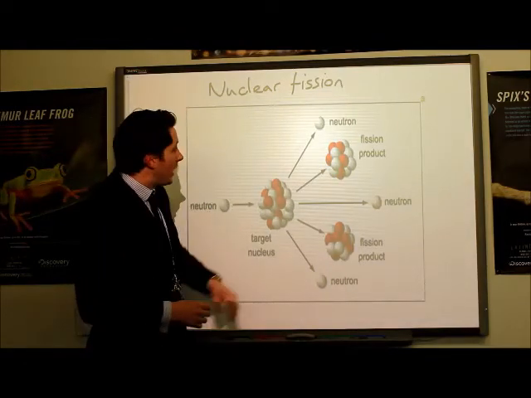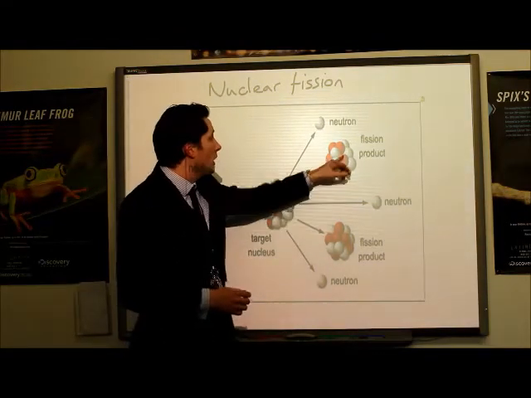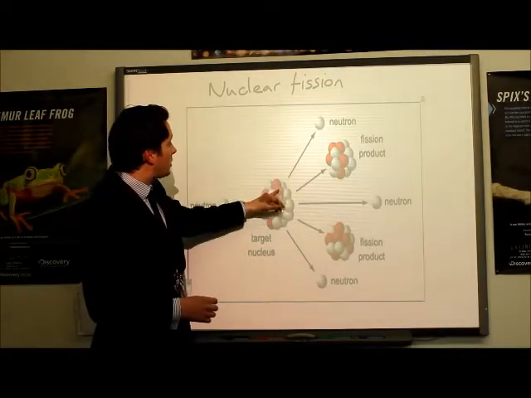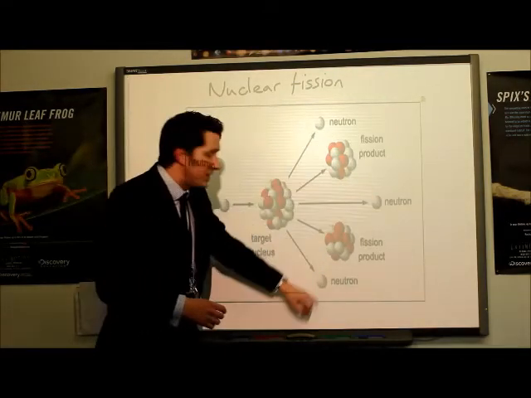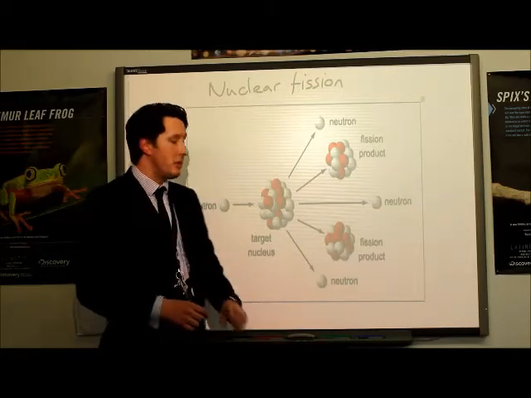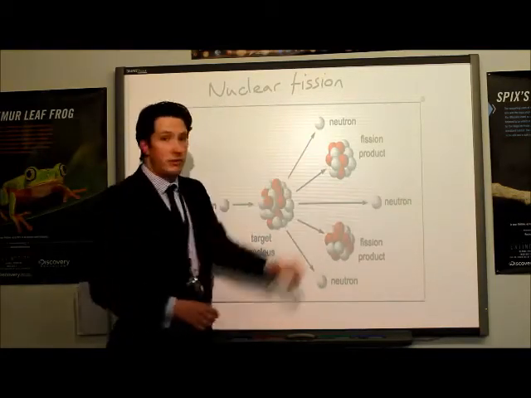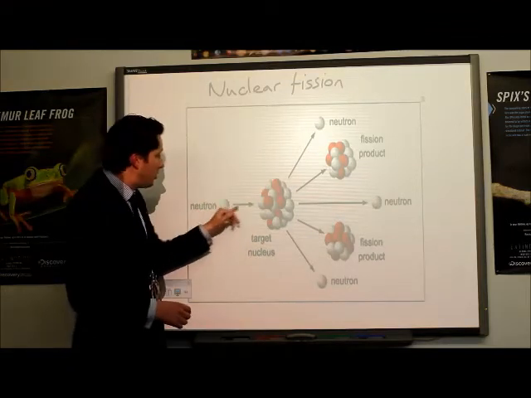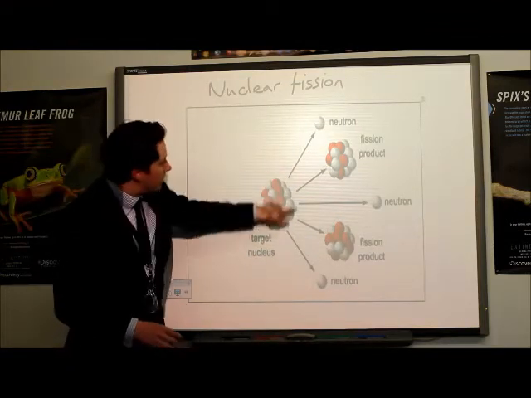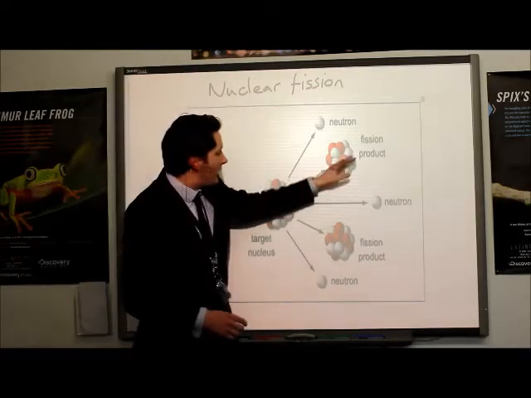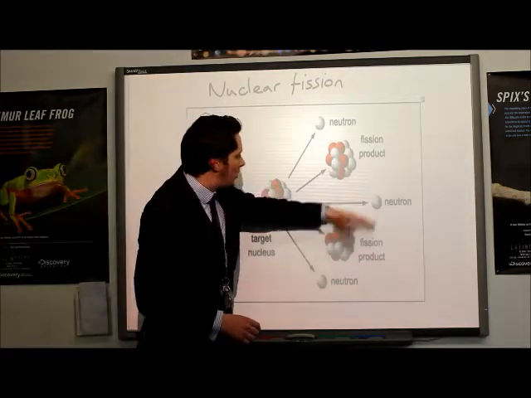When it does that, it releases or creates two new nuclei, and it also releases neutrons. In this case 3. It doesn't always have to be 3, but in this example, 3 neutrons are released. So when one neutron hits that nucleus, it splits in half and it releases 3 neutrons.